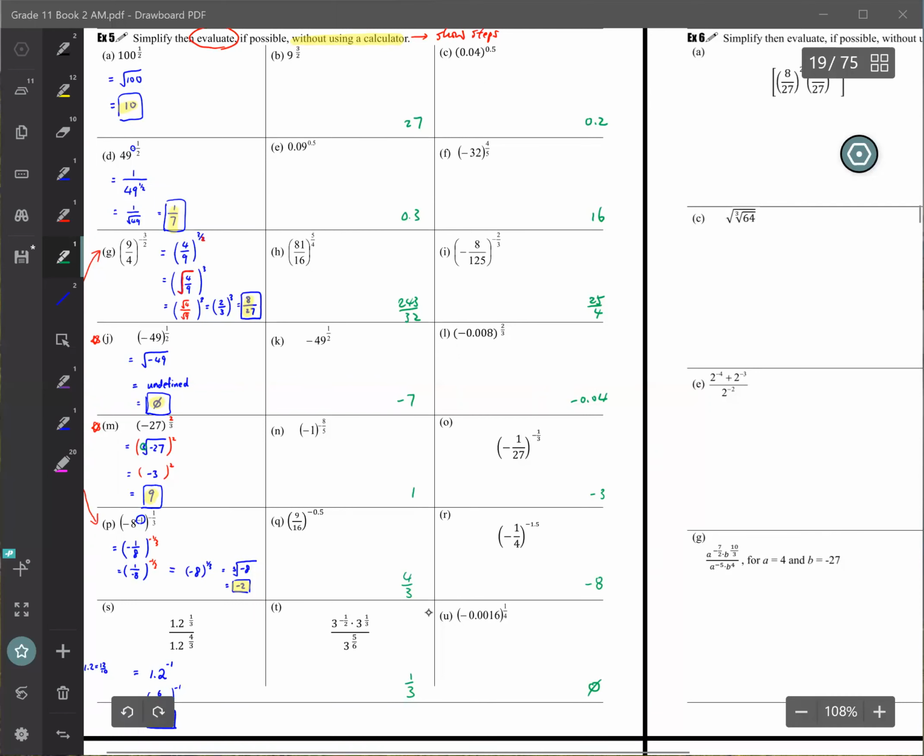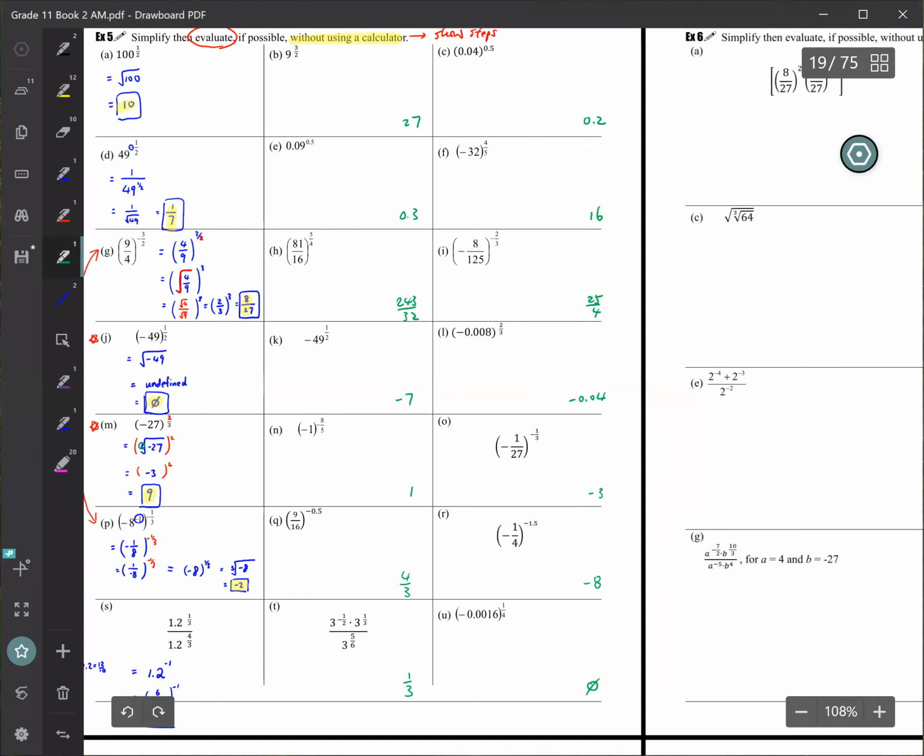Okay, now for these answers in green, does anyone want to add your answer? Anyone got different and want to add? I have a different one. For which one? For R. For R, what do you have? I have undefined. Undefined, okay.